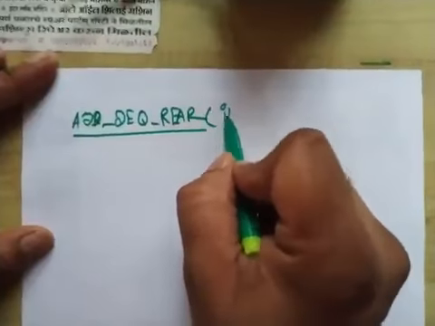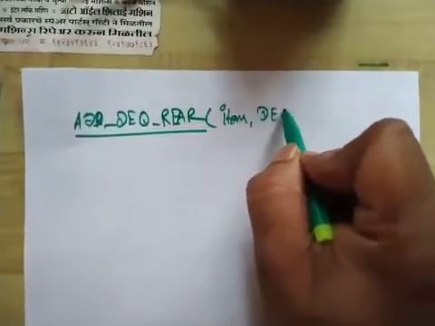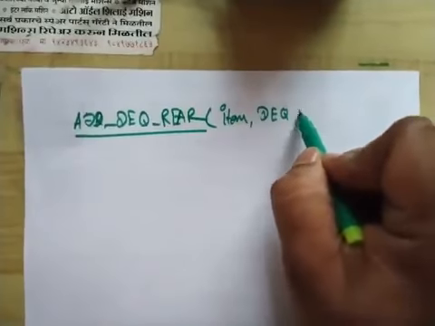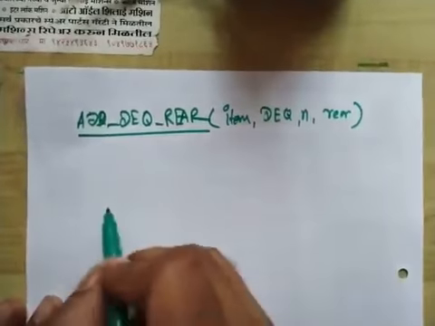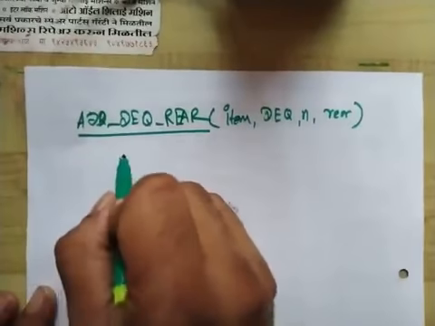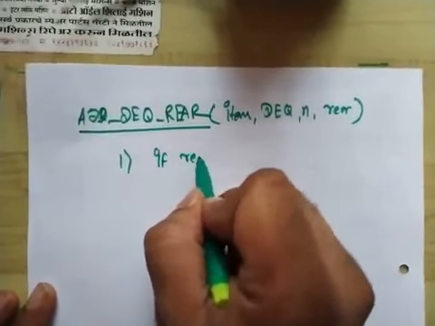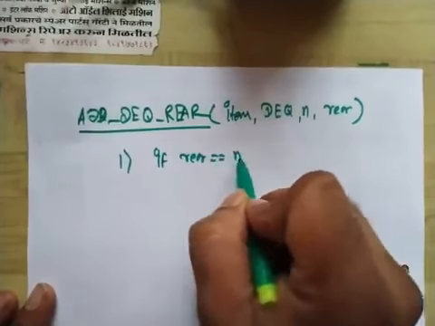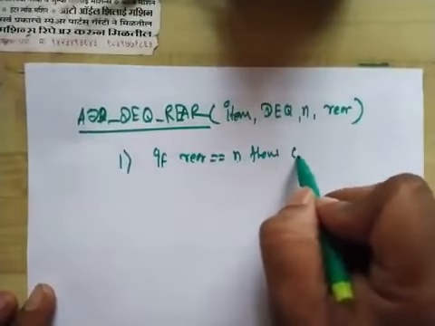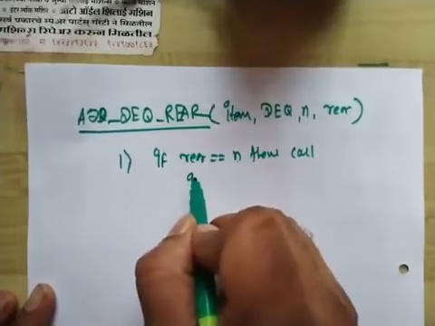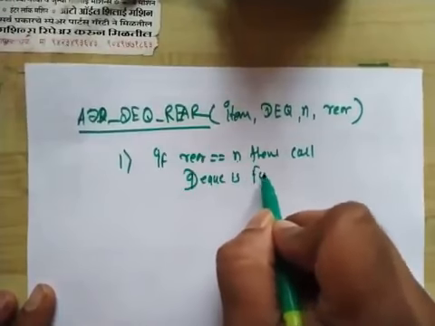So it will take atom as input, DQ, which is the array in which we are going to insert, the size of that array and the rear position. Okay, so the first statement is: if rear is equal to n, the size of the array, then call DQ is full.